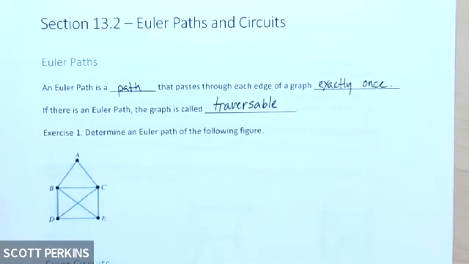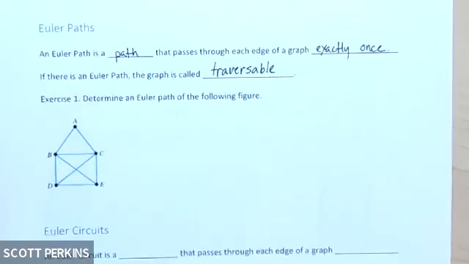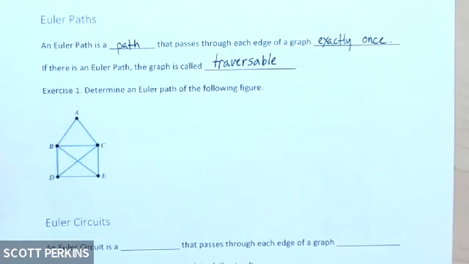So in exercise 1, I have given you a graph that does have an Euler path, has several. So I would like you to take a moment. Remember, a path does not have to start and stop at the same place. I'm going to give you 90 seconds. See if you can figure out a path around that graph that crosses each edge once. Just trial and error.